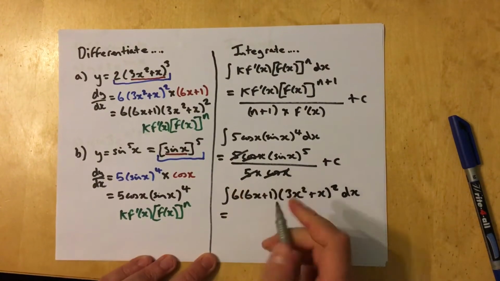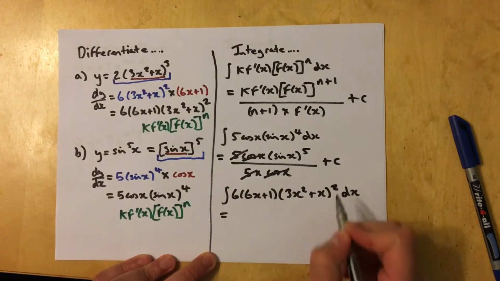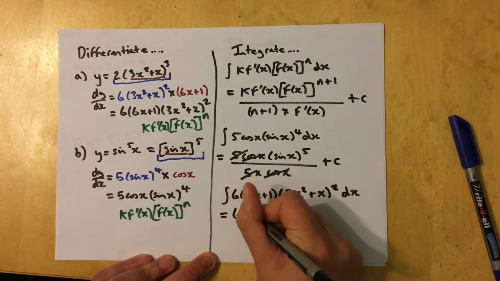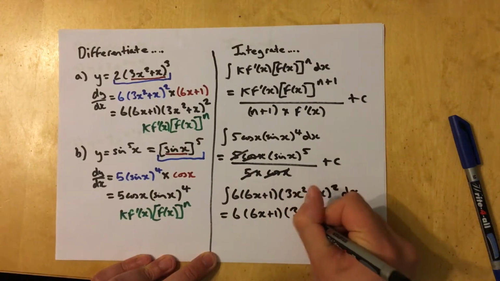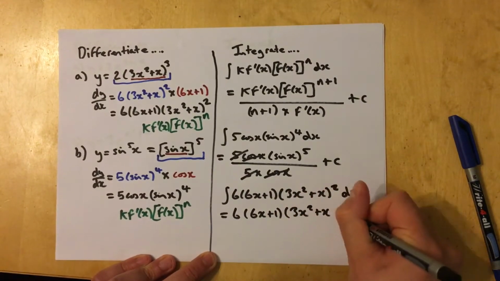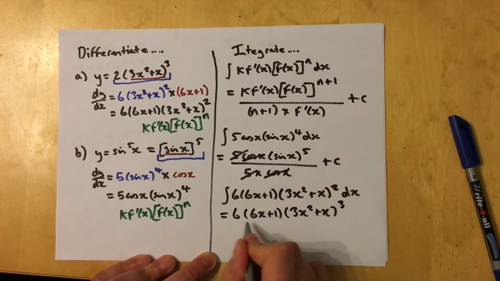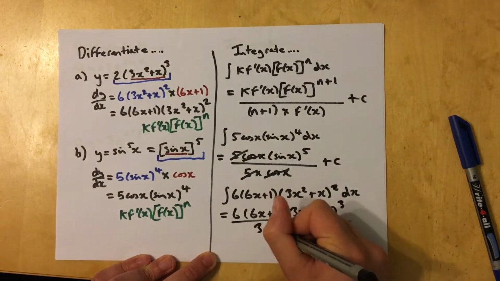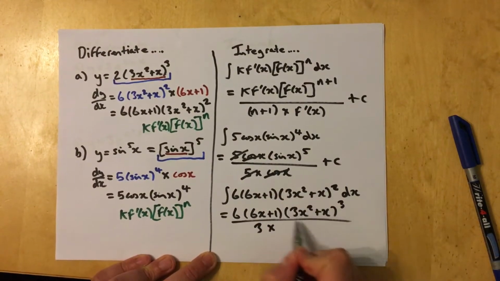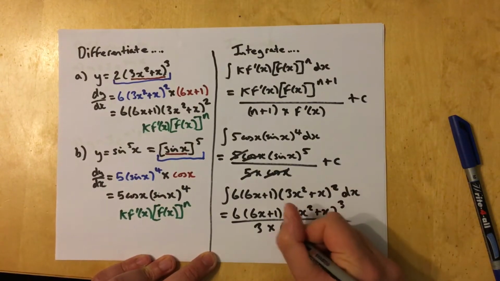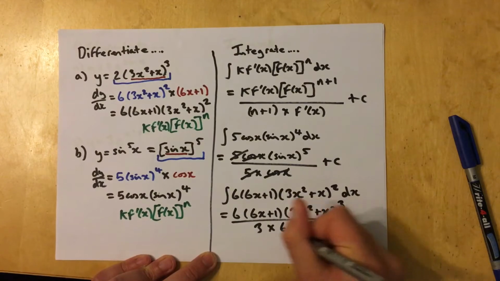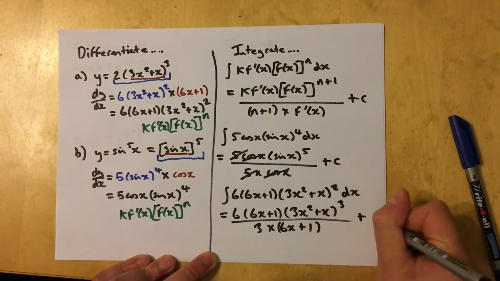The only thing we're going to change at the moment is adding 1 to that power. Adding 1 to the power, I get 3, and then we divide by the new power, multiplied by the derivative of our inner function. Now the derivative of 3x squared plus x is going to be 6x plus 1. Don't forget your constant of integration.